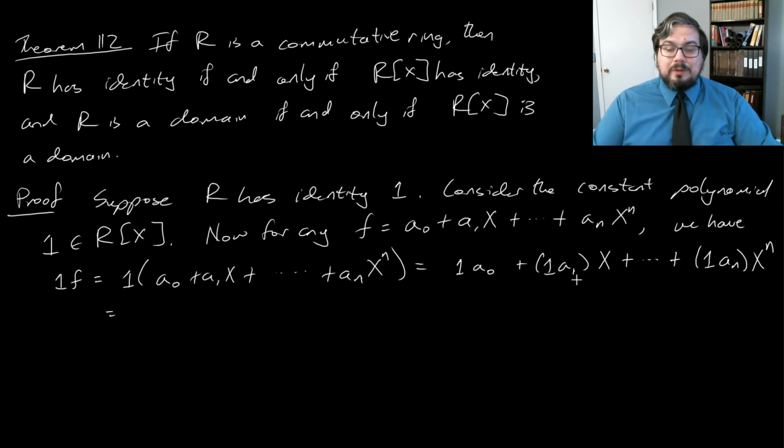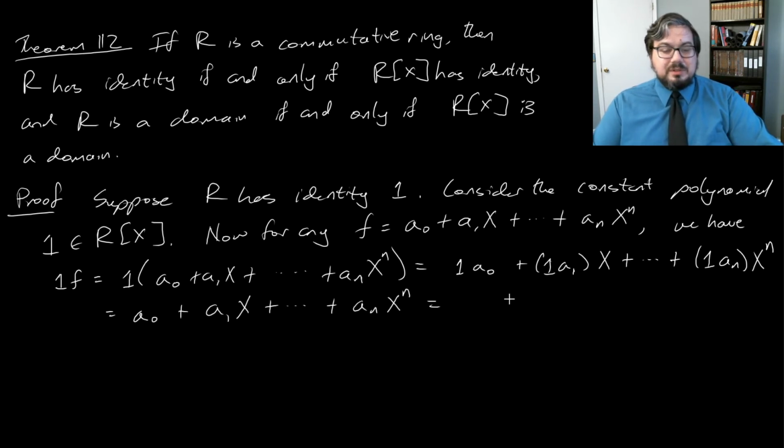So we get 1 times each one of the coefficients of the polynomial. Now in the ring R, 1 is an identity, which means in particular that 1 times a0 is a0, 1 times a1 is a1, 1 times an is an, and you'll notice that we've gotten back exactly f. So we have that 1 times f equals f.